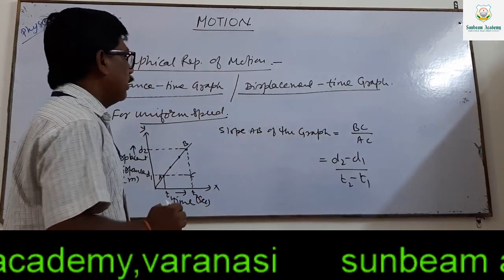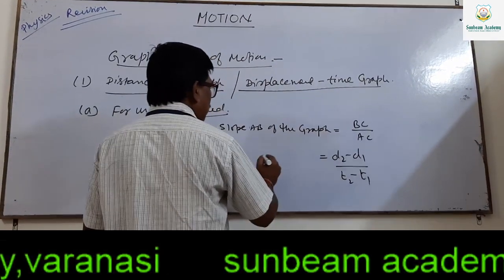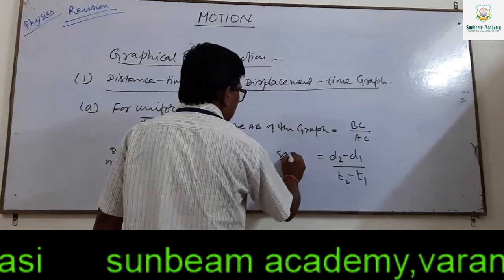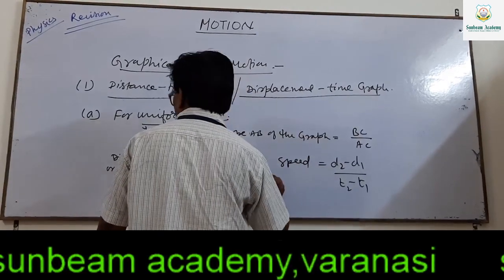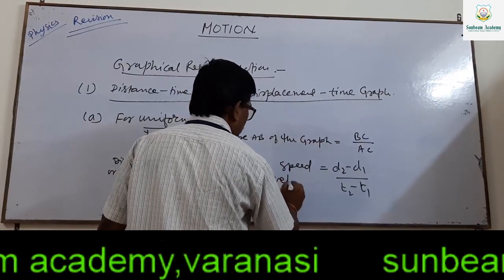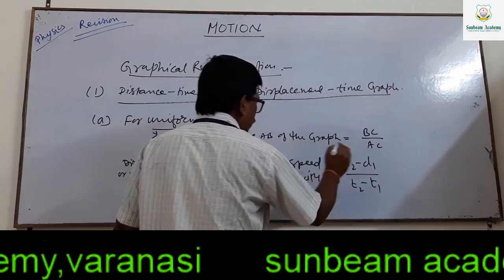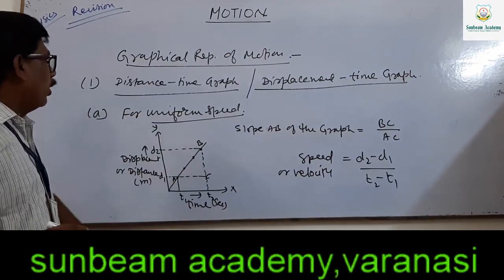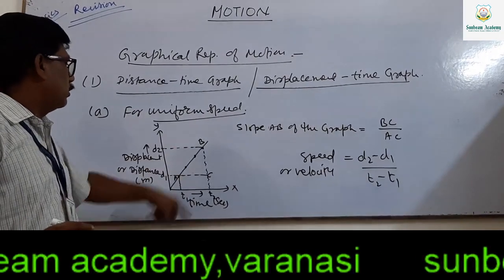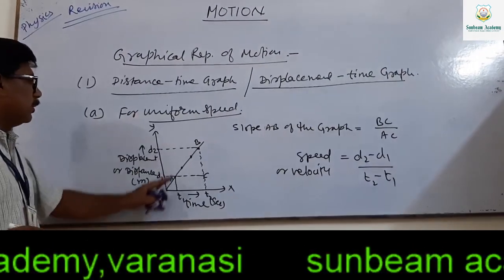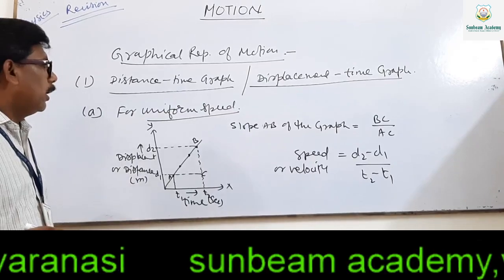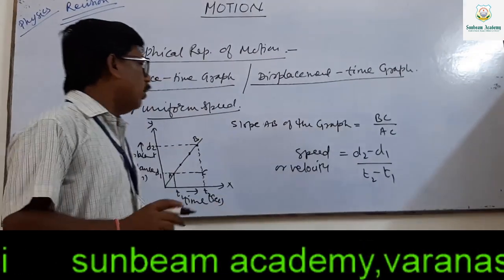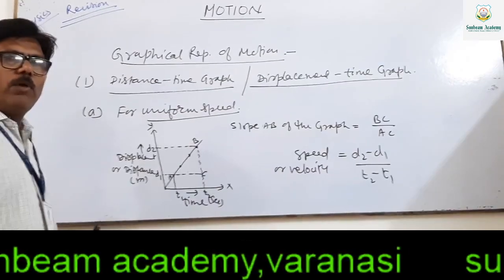This gives the physical quantity, the speed or velocity. So for uniform speed, the graph is a straight line, and with the help of this you can calculate the velocity.